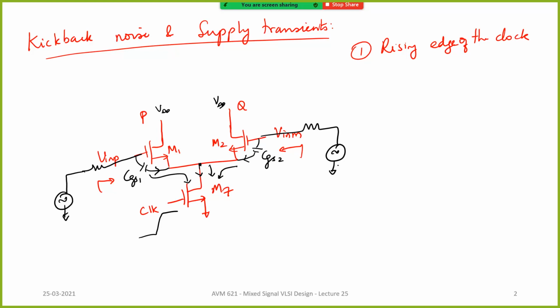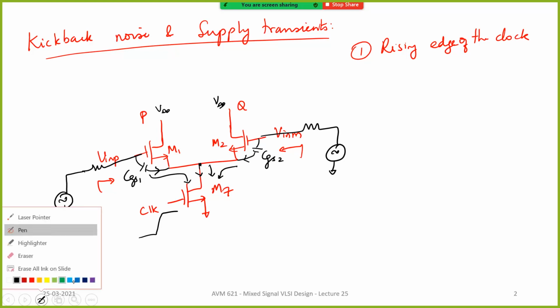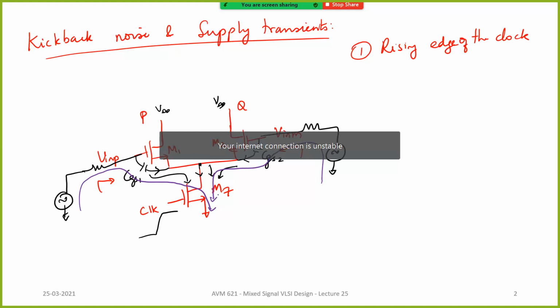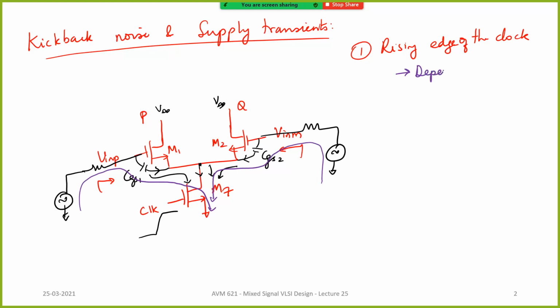So this current is basically going to come like this, correct? And therefore, it also depends on the driving source impedance, correct?